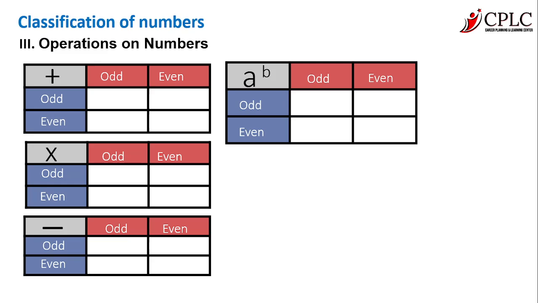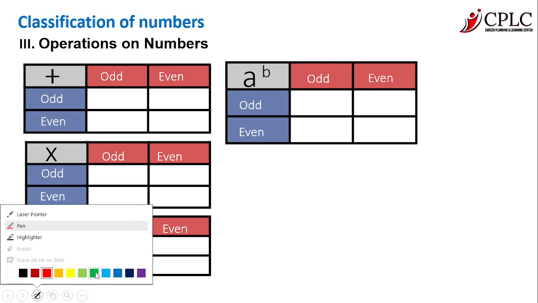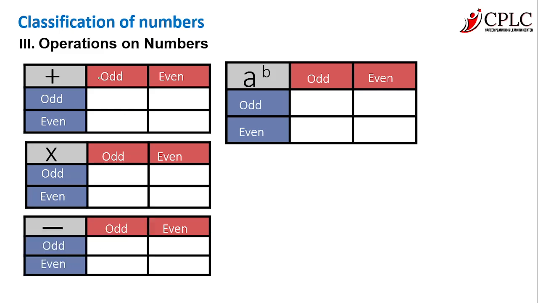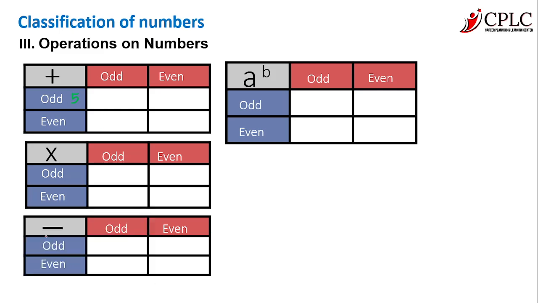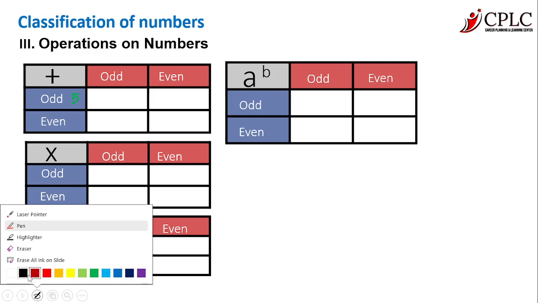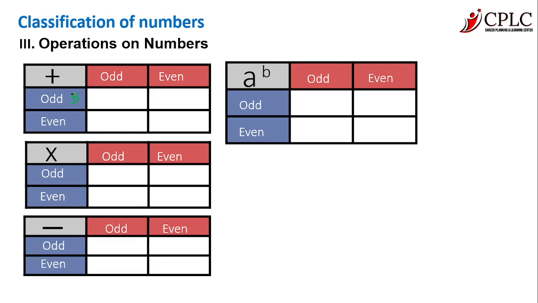So let's say I will assume the numbers. First criteria, both numbers are odd. I will take, let's say, 5 and 3. 5 plus 3, obviously, after adding becomes 8, which is even.